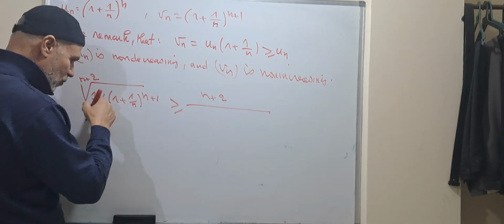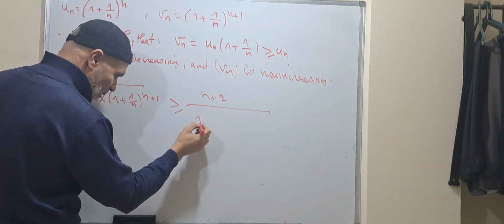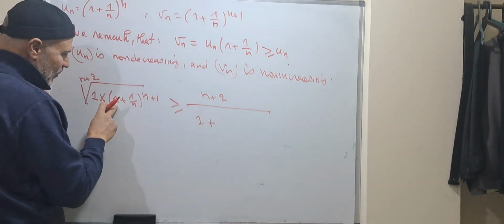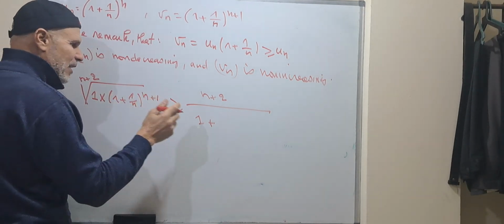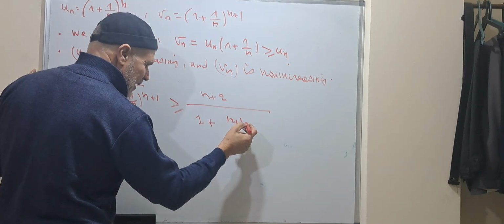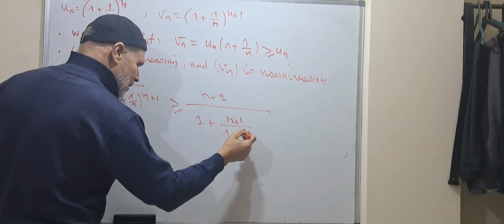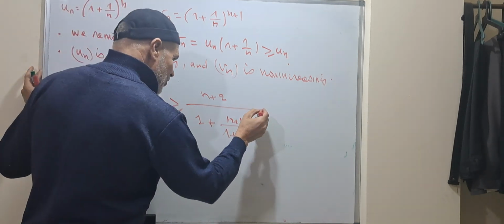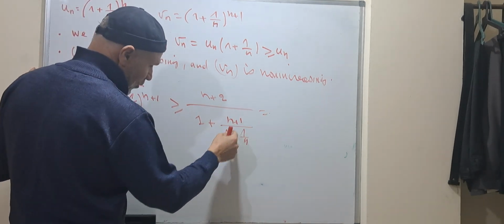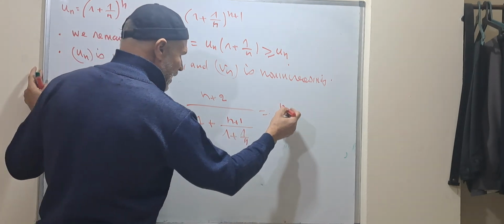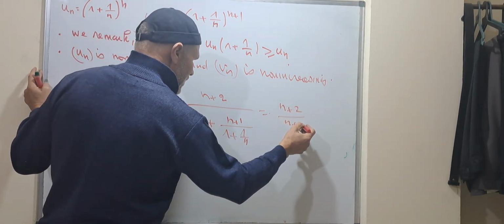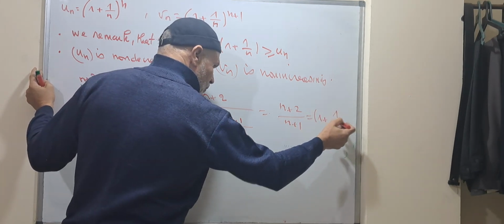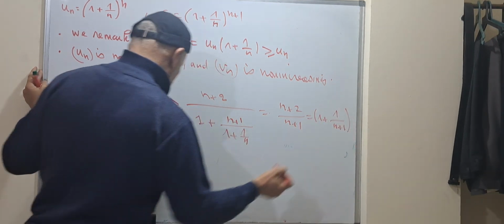The first element is 1 over 1, which is 1, plus how many elements of the type 1 plus 1 over n? We have n plus 1 elements, so we have n plus 1 elements of the type 1 over n. We divide, and we have n plus 2 over n plus 1, which is equal to 1 plus 1 over n plus 1.